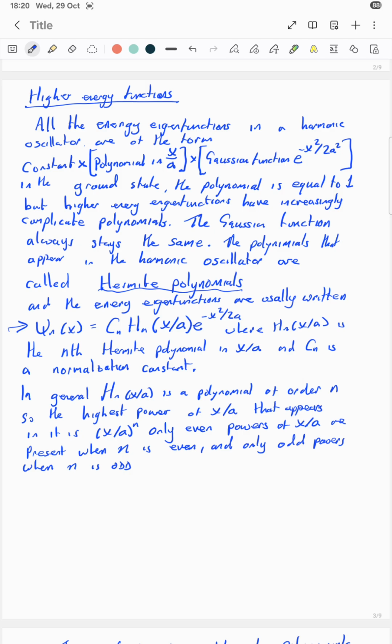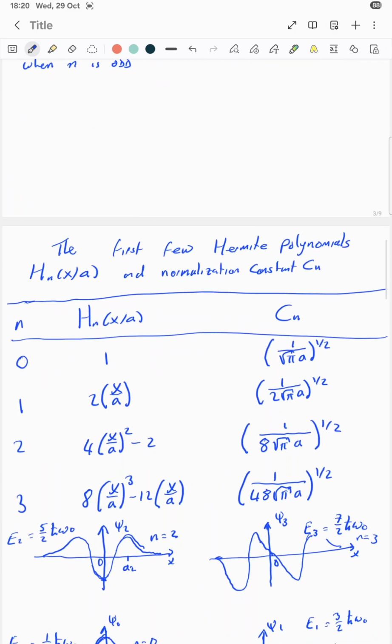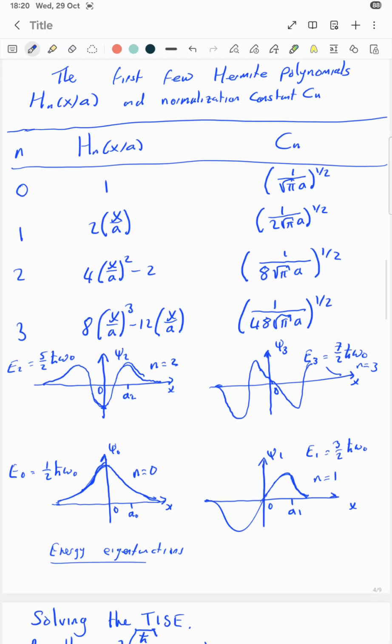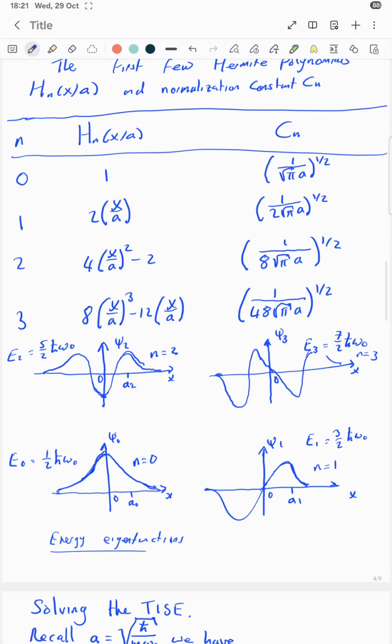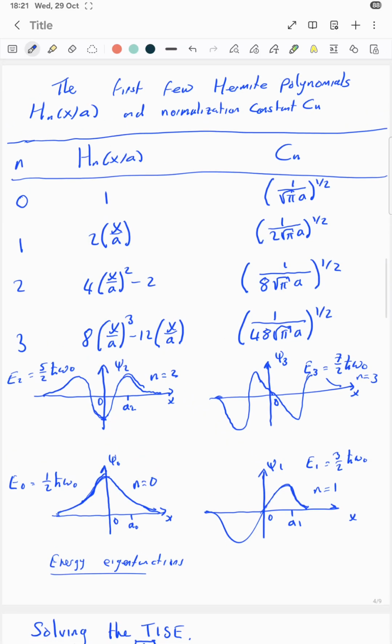Only even powers of x over a are present when n is even, and only odd powers when n is odd. Now the first few harmonic polynomials Hn of x over a, and the normalization constants are given here, which you could look up in any textbook or basic formulas like solutions online.